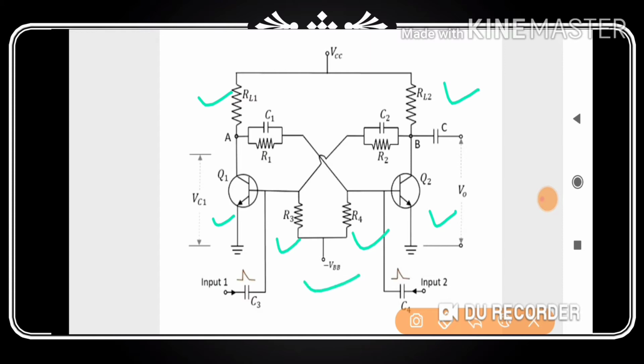The feedback resistors R1 and R2 are shunted by capacitors C1 and C2, which are known as commutating capacitors.